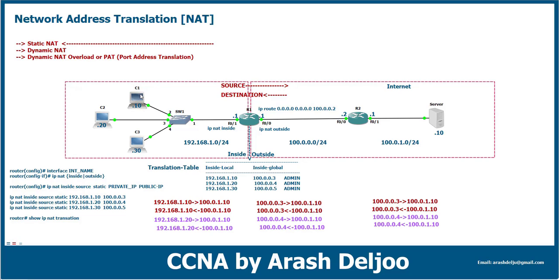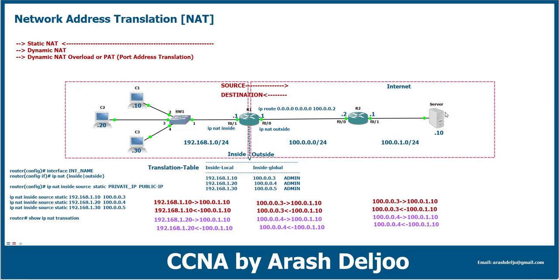For example, here we have a web server installed inside of our company, and now we want to give access to this server to the outside of the company, for example to the internet. You know that from the outside nobody can connect to, for example, 192.168.1.10 because this is private.